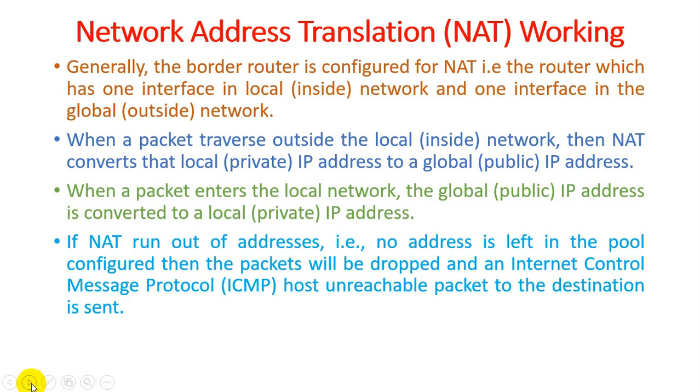This kind of message is seen as a particular error, because it happens only when in the NAT table there are some limitations to perform public to private and private to public IP address translation. So if a NAT runs out of addresses, it means the limit has been filled.